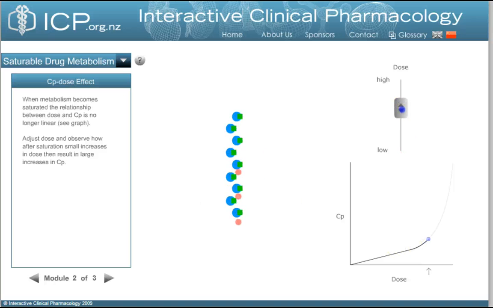And suddenly there's this upswing in the curve, and we have a change in our relationship between dose and concentration. And now adding just a little bit more drug leads to a drastically increased serum concentration.